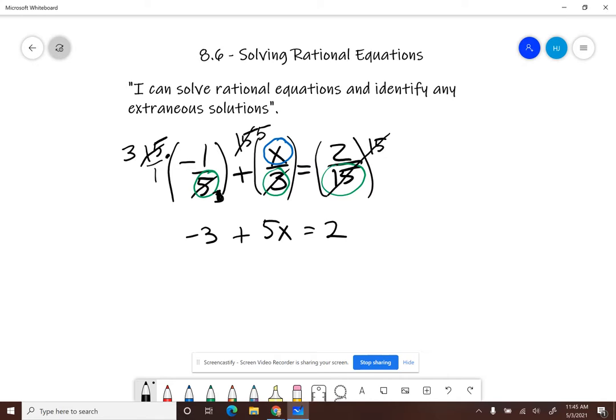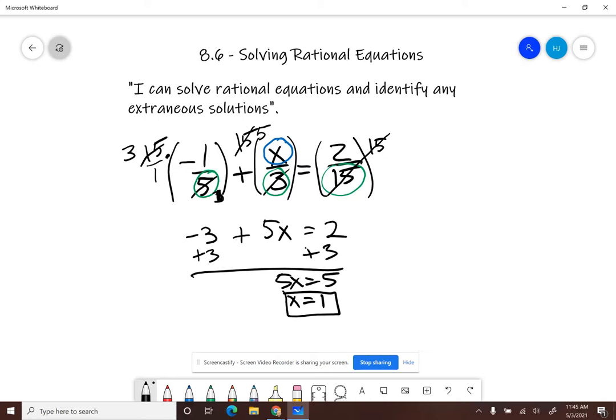So amazingly, this huge gargantuan problem that was very intimidating has become a very simple 2-step equation. So obviously I'm going to add 3 to both sides, and 5x will equal 5. And if we divide by 5, we get x equals 1, okay? So very quickly I was able to get to an answer of a problem that looked like it was going to be very difficult.